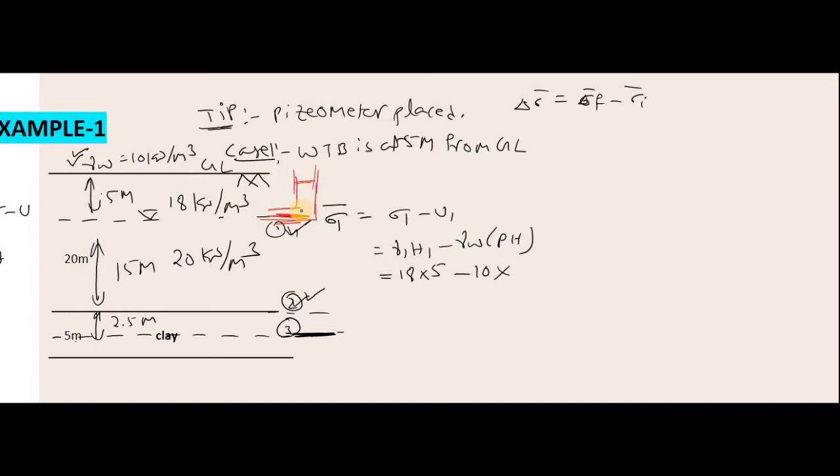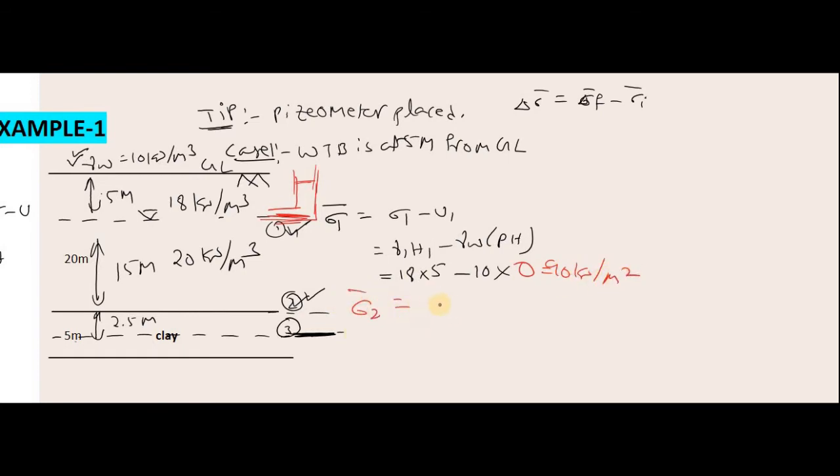It means there is no level in the piezometer, so the pressure head is 0. In that case, pore water pressure is 0, and the effective stress is 90 kilonewton per meter square.